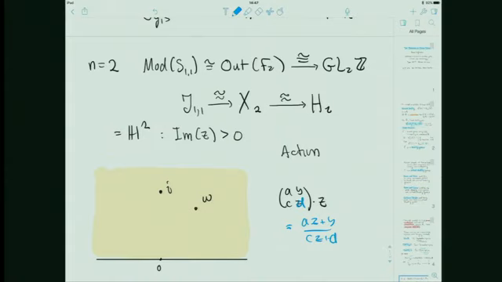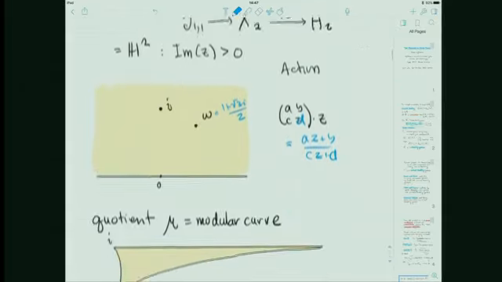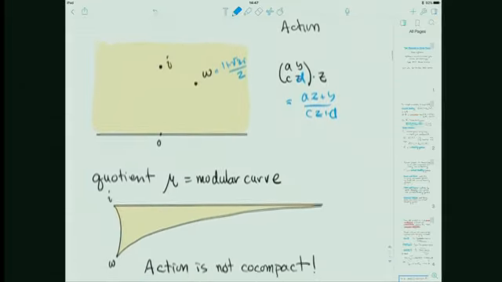So this action is free except at two points. It's not free at i and at omega, which is (1 plus the square root of 3 i) over 2, or at any point in their orbits. But otherwise, it's free. And the quotient is the famous modular curve.